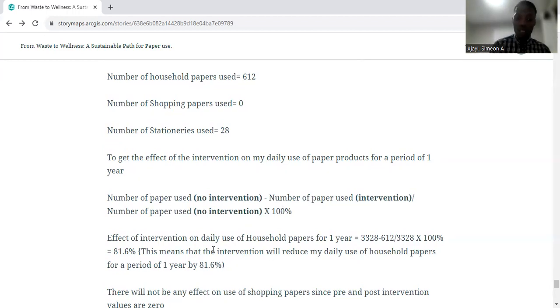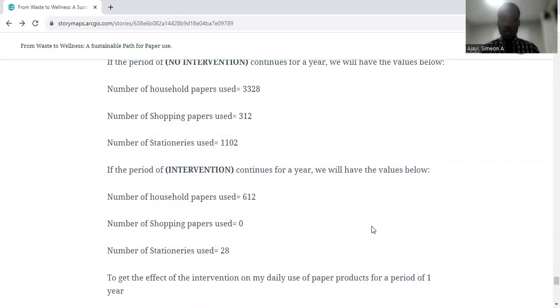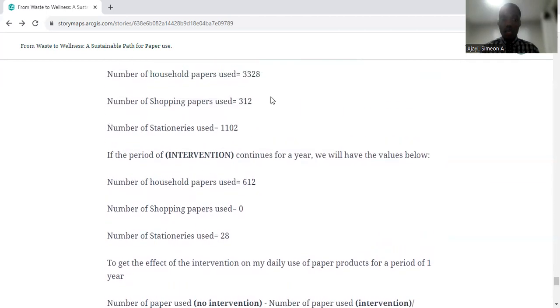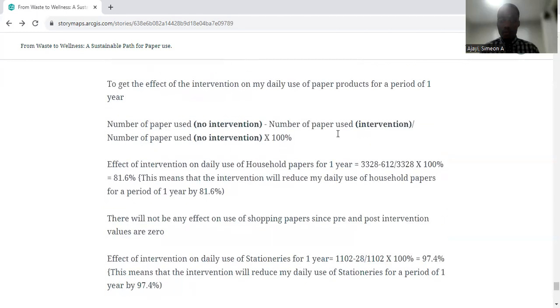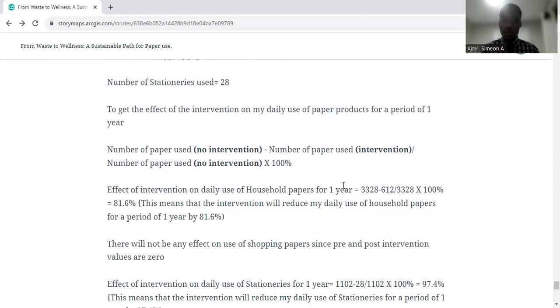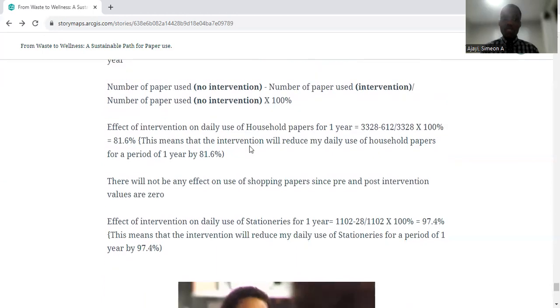So the effect of intervention on daily use of household paper for 1 year is 3328 minus 612 over 3328 times 100%, which means that if I had continued with this intervention, I will reduce my daily use of household papers for a period of 1 year by 81.6%.